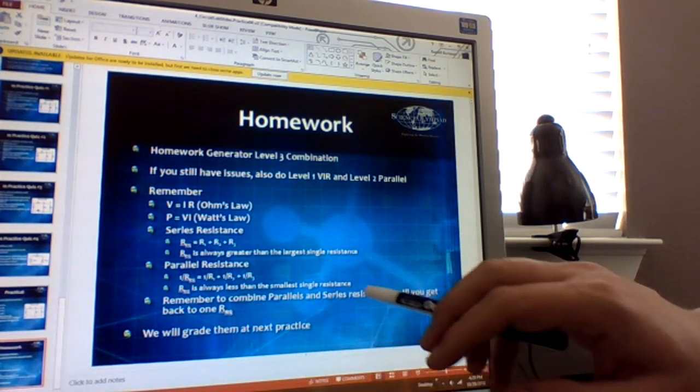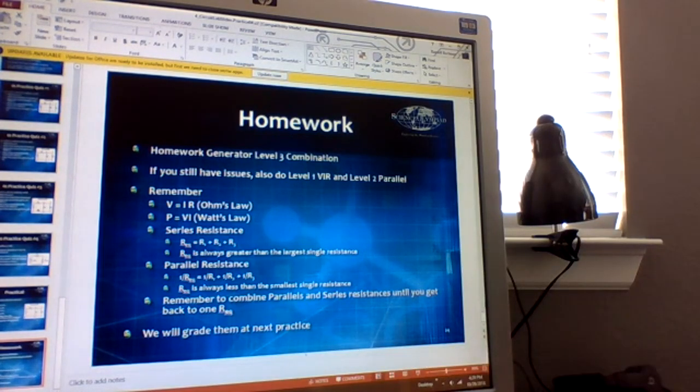Remember to combine parallel and series resistances until you get back to one R equivalent. I cannot stress that enough. The more you're able to practice combining circuits, the better off you'll be. And believe it or not, by the time we're done here, you'll be able to combine virtually any type of circuit imaginable.